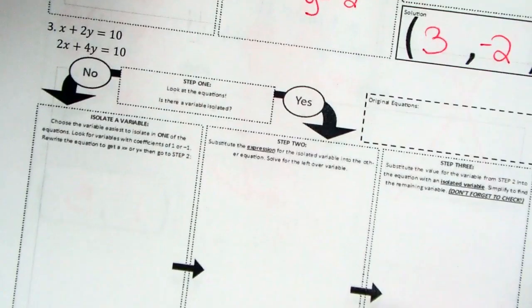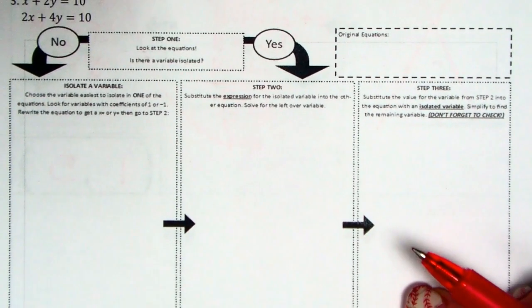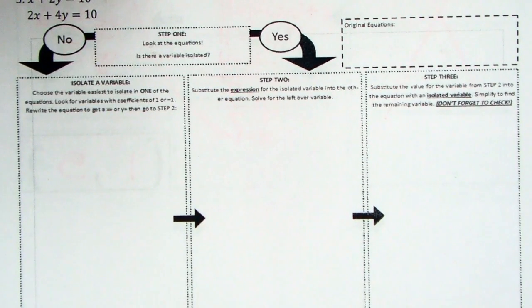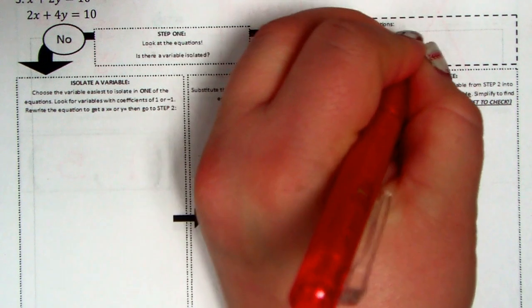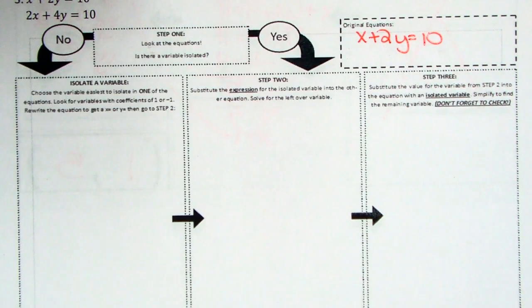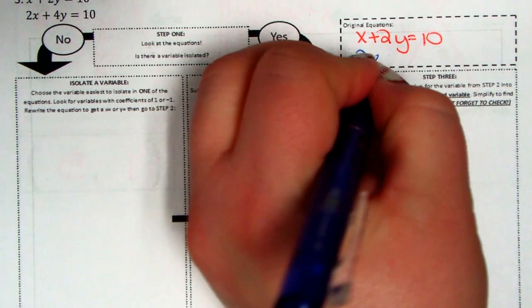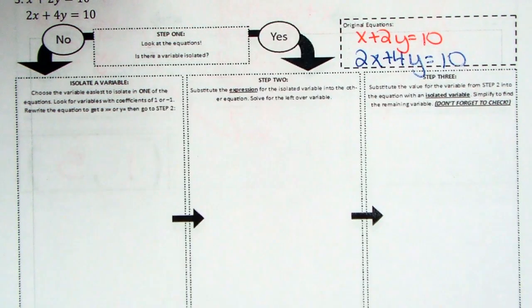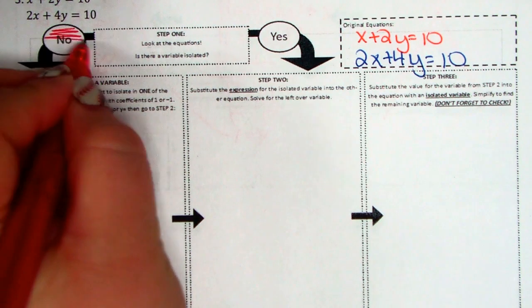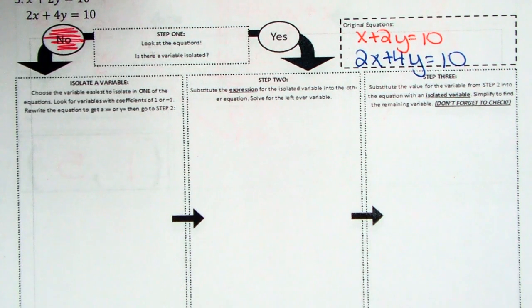Let's take a look at number 3. We'll write our original equations down. X plus 2y equals 10, and 2x plus 4y equals 10. I don't already have a variable that's by itself, so I am going to have to do some isolation.